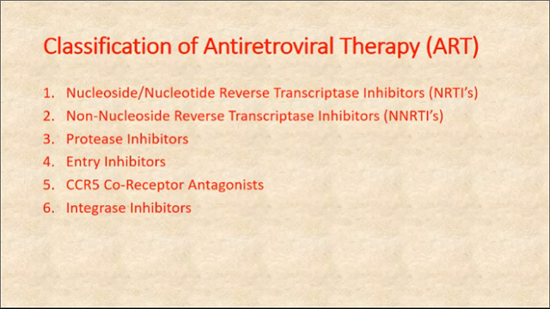Unlike the nucleotide reverse transcriptase inhibitors, or NRTIs, and the NNRTIs, these protease inhibitors act at the end of the HIV life cycle to target viral assembly by inhibiting the activity of the protease, an enzyme used to cleave nascent proteins for final assembly of new virions.